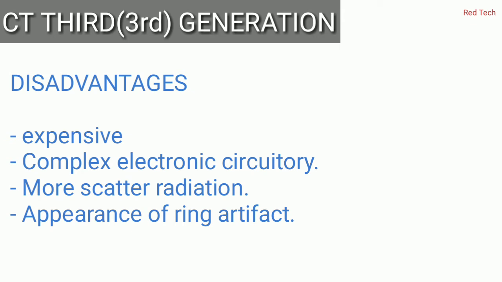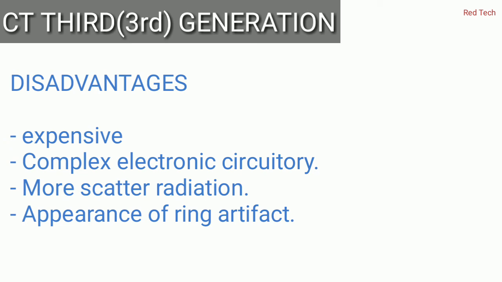As the number of detectors increases, the CT machine becomes expensive, with complex electronic circuitry, because the number of detectors was high and setting up all the circuits is very difficult work. It also creates more scatter radiation and causes the appearance of ring artifact. Basically, the main point you should remember is the appearance of ring artifact.